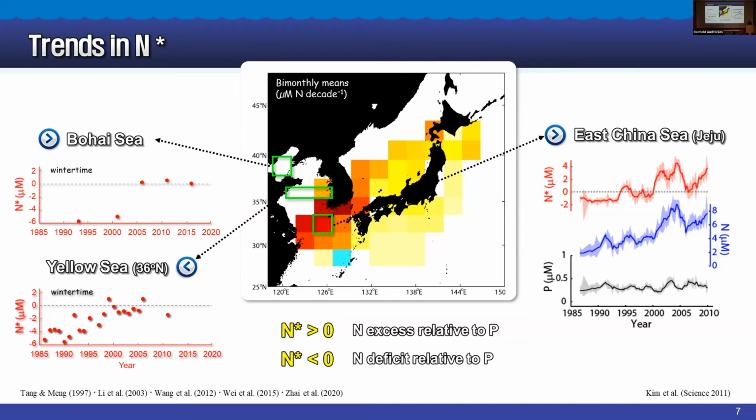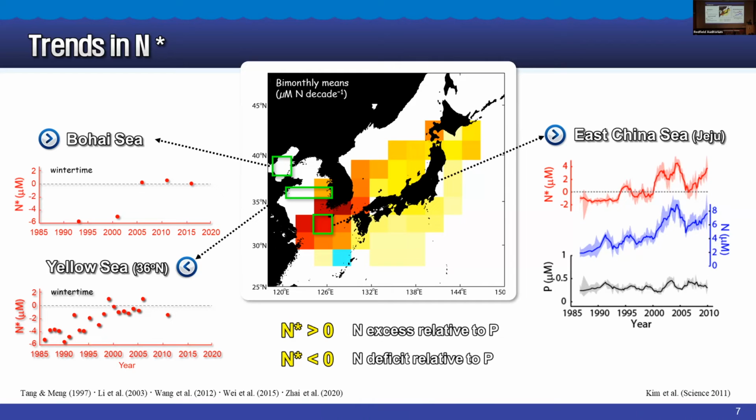Our data indicate that almost everywhere in the northwestern marginal seas, nitrate concentration increased. Regarding the rate of increase of nitrate relative to phosphorus, we found the highest rate in waters close to the Chinese continent, particularly near the mouth of the Changjiang River, and the rate progressively decreased moving eastward.